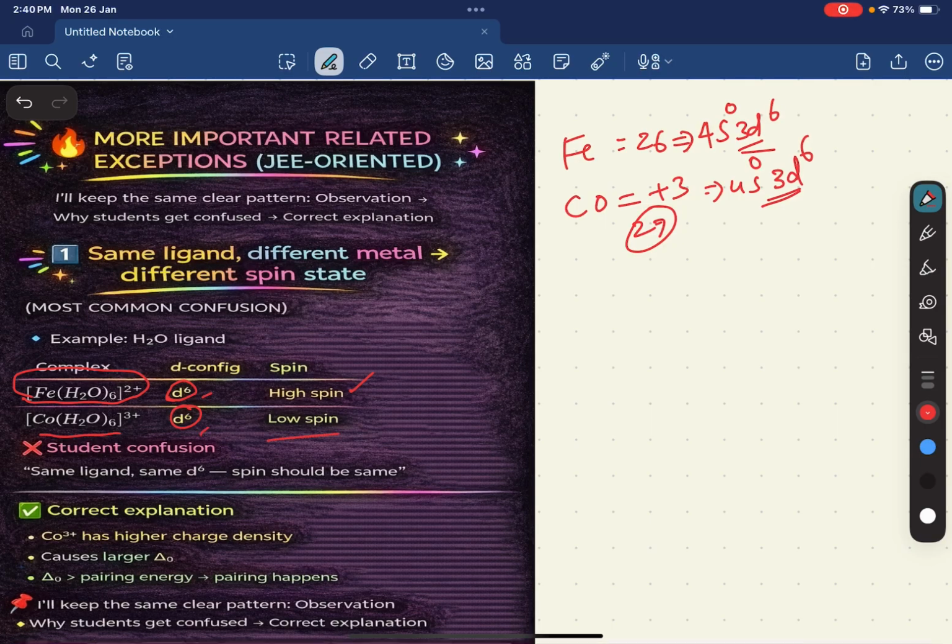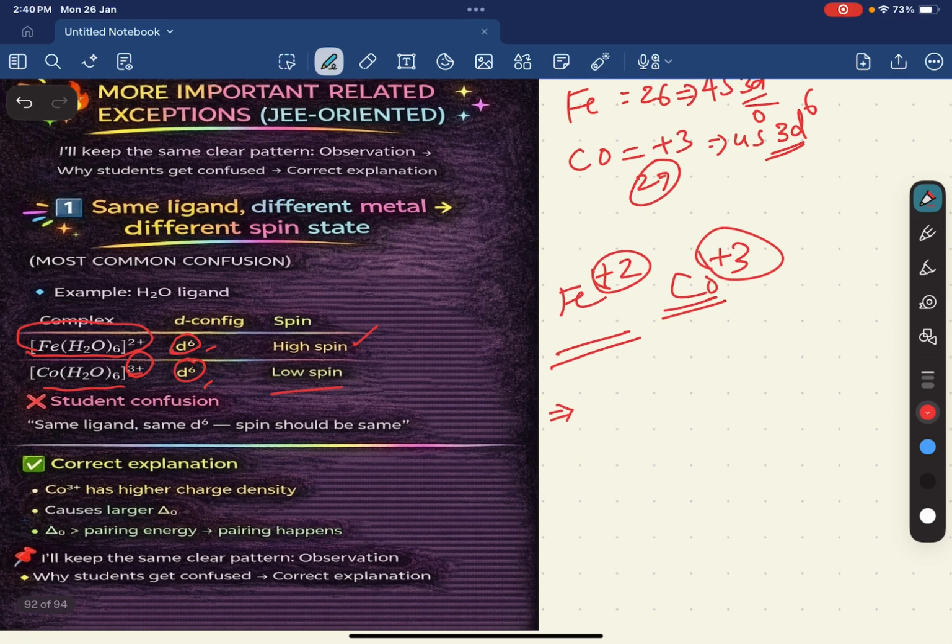This is d6 high spin and low spin, students. Here you see the metal charge: in the case of Fe it is +2 charge, in the case of Co it is +3 charge. Whenever it is +2, the effective nuclear charge is comparatively less than Co. If the effective nuclear charge is less, the ligand approach will be less.